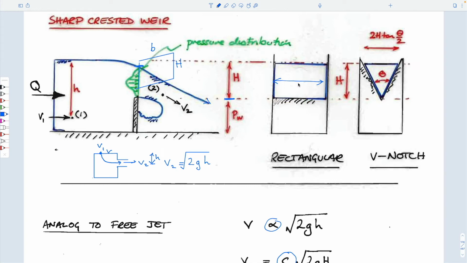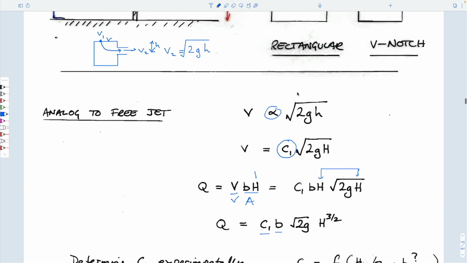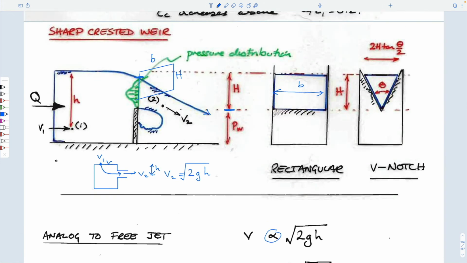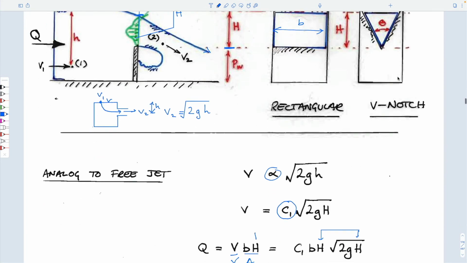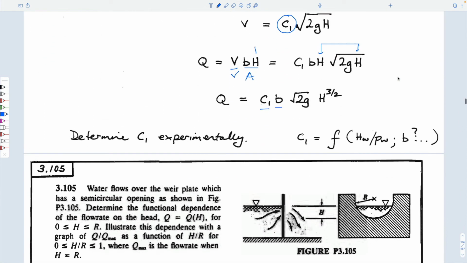If it's a notch, then it would be the width of the notch. If it's a triangular cut, triangular V, it would be a different coefficient, but it's calculatable just straightforwardly. You know what planet you're on. You know the height of the water in the stream. And as they say, Bob's your uncle.